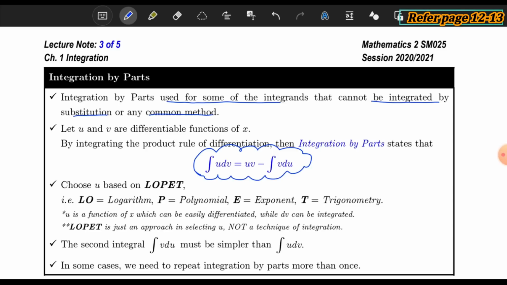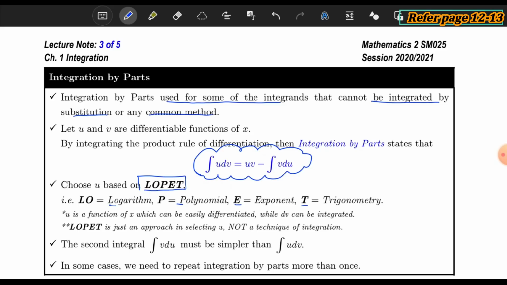And to choose u, we can use the acronym LOPEC. LO for log function, P for polynomial, E for exponent, and T for trigo. This is the priority to choose u.